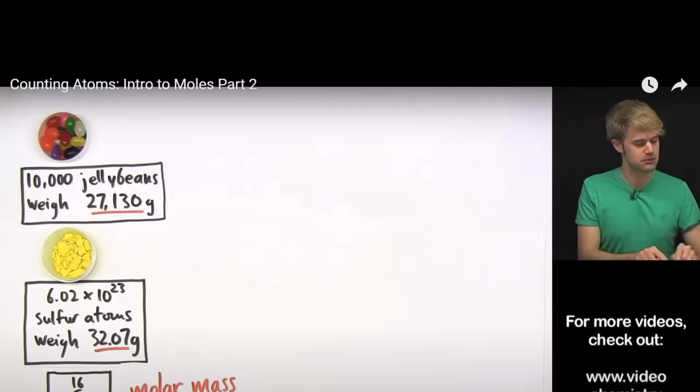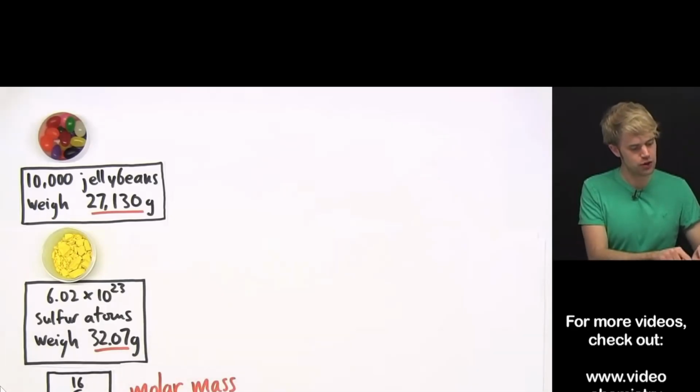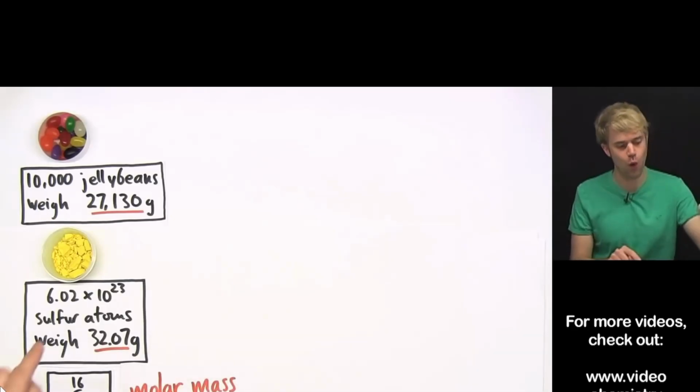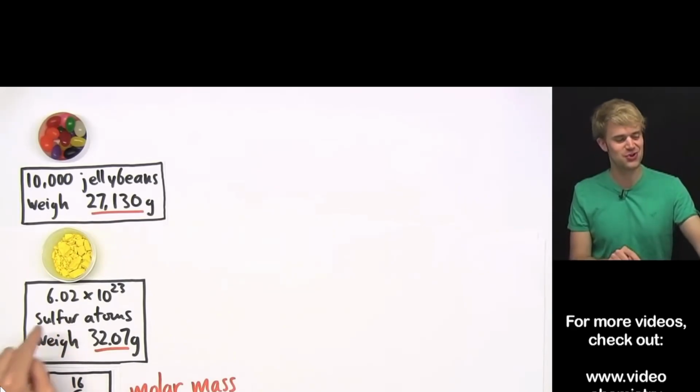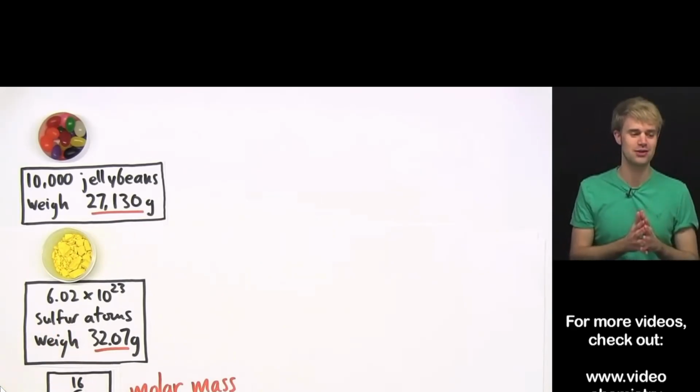And so we call that the molar mass. This is our atomic mass because it's the mass of one atom. This is the molar mass because it is the mass of one mole. Atomic mass, mass of one atom. Molar mass, mass of one mole. So 32.07 is how much 1 mole, 602 hexillion sulfur atoms, weighs.